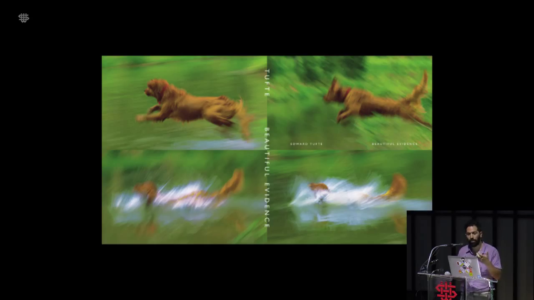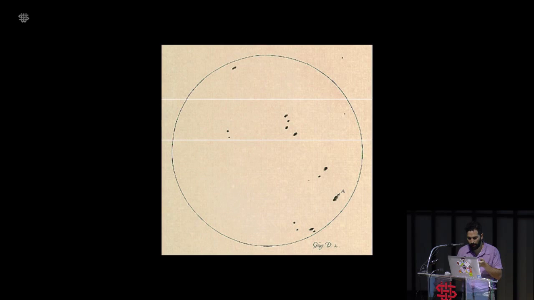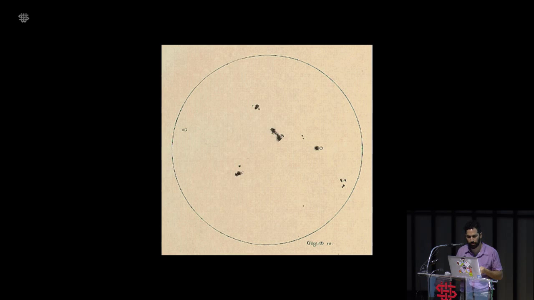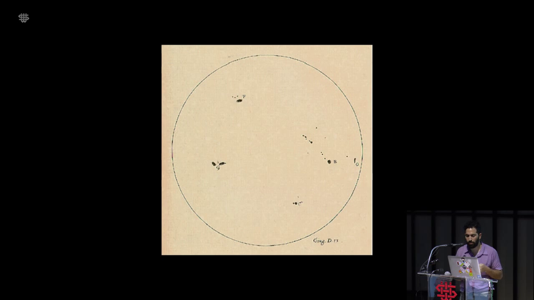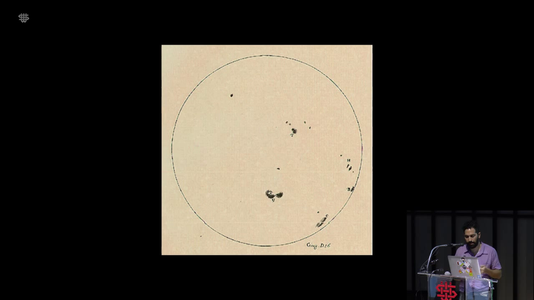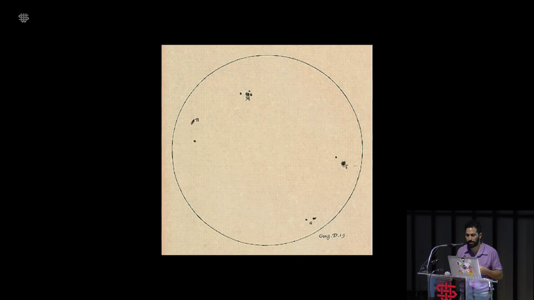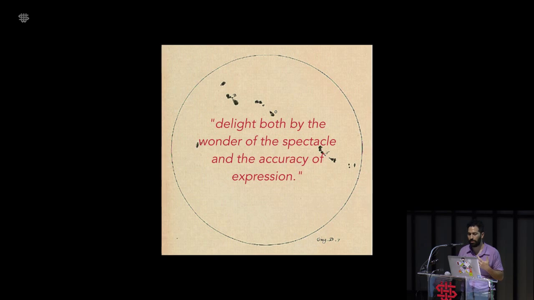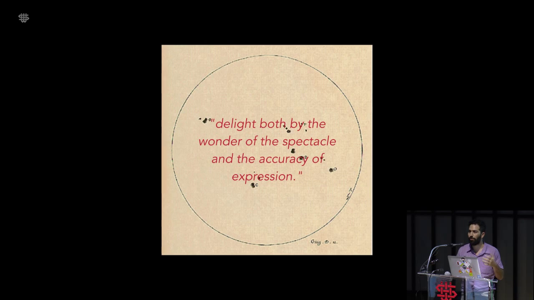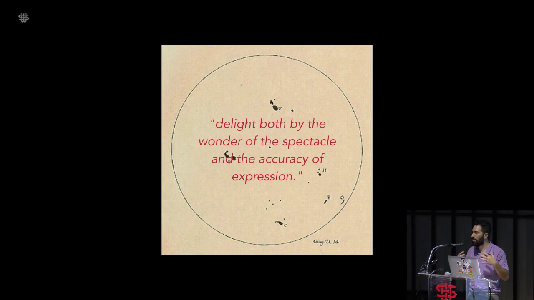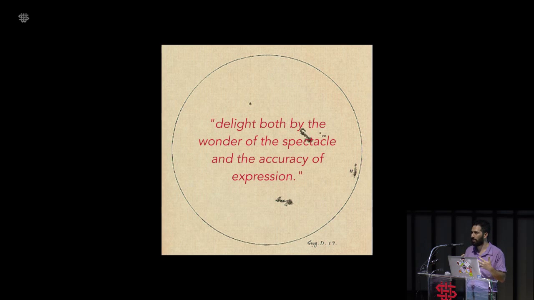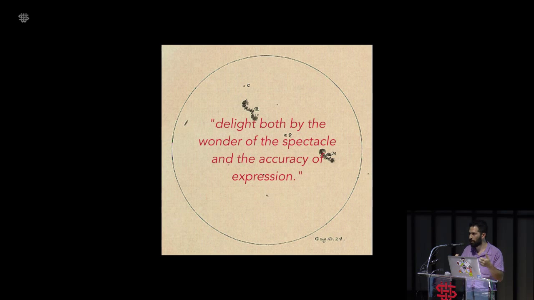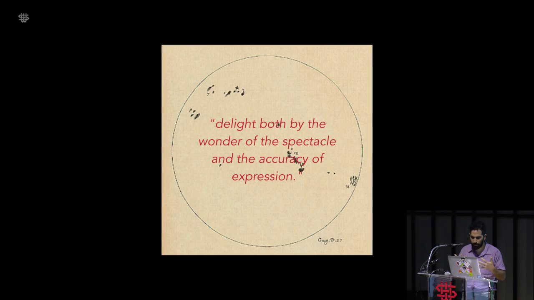And when he's defining what he means by beautiful evidence, he quotes a colleague of Galileo, Francesco Cesi, who wrote that Galileo's 38 hand-drawn images of sunspots delight both by the wonder of the spectacle and the accuracy of expression. And for him, this is what he means by beautiful evidence. This moment when the truth meets beauty in this perfect way.